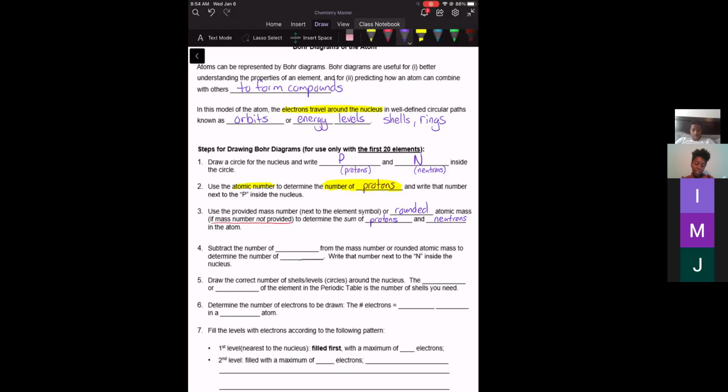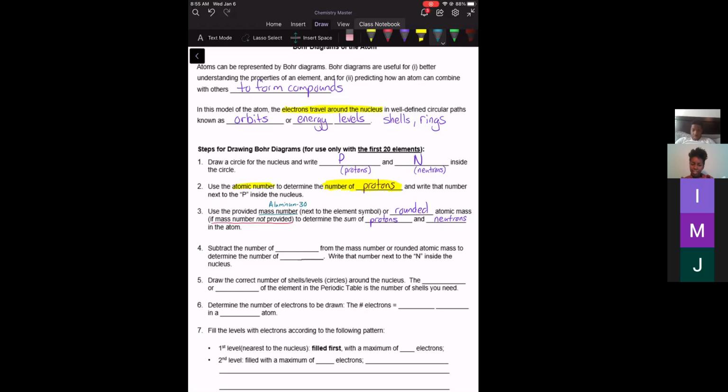So remember, if I give you a mass number, and we'll do this for an example later on, a mass number next to the element symbol would be like me saying aluminum 30. So that's like a mass number.